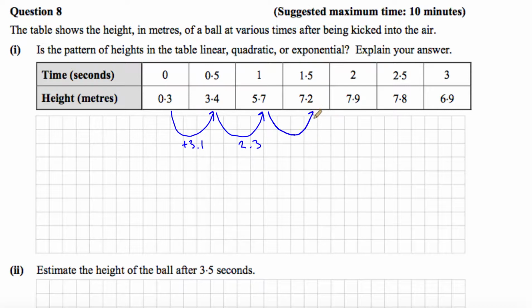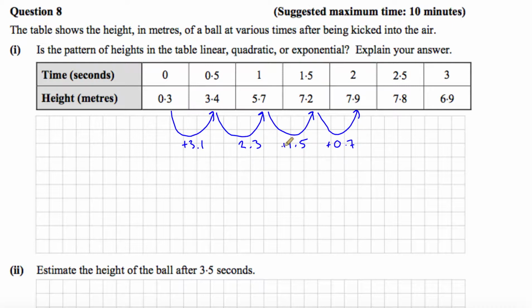From 5.7 up to 7.2, that's a jump. If you want to find the jump, you can subtract the 5.7 from 7.2, but that gives us a jump of 1.5. So we can see it's not linear because the first difference is not the same. I'm going to continue this on anyway. 0.7.